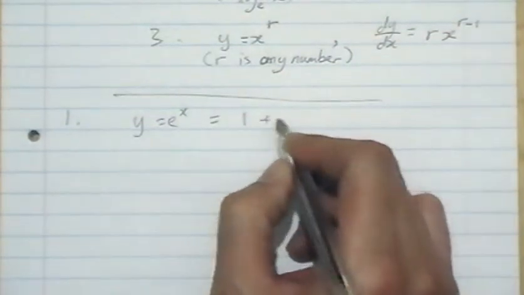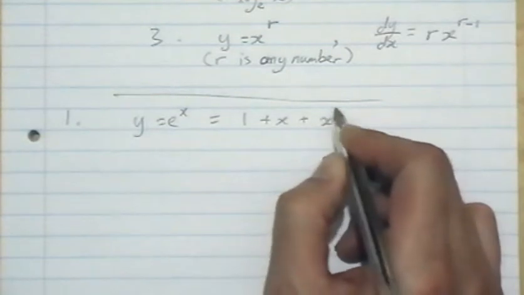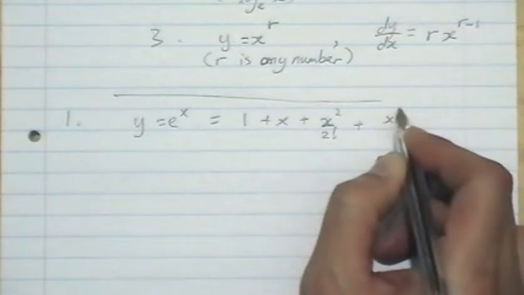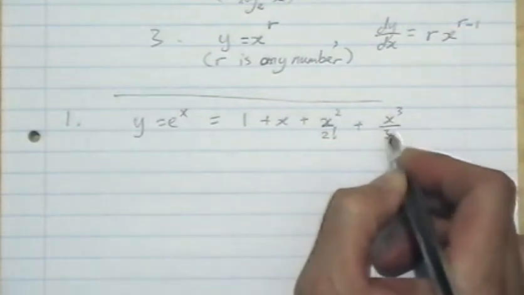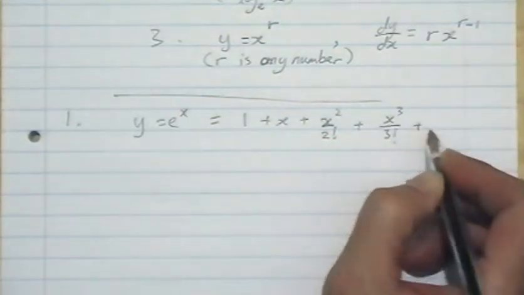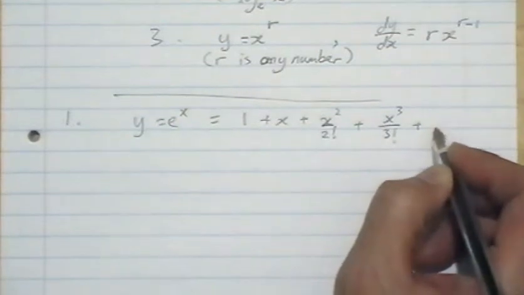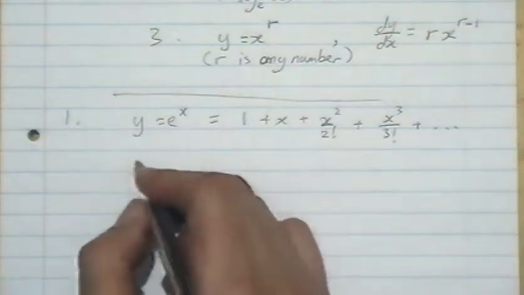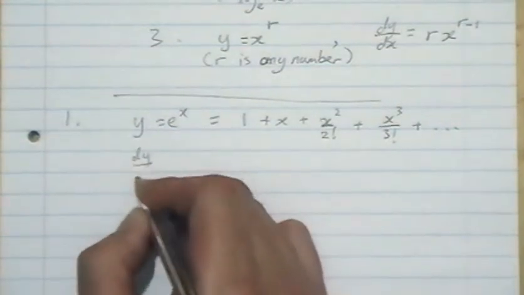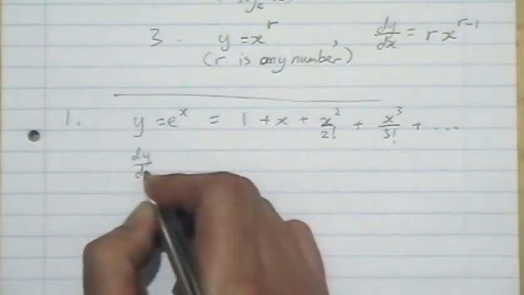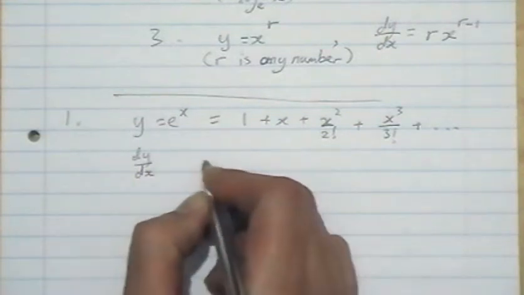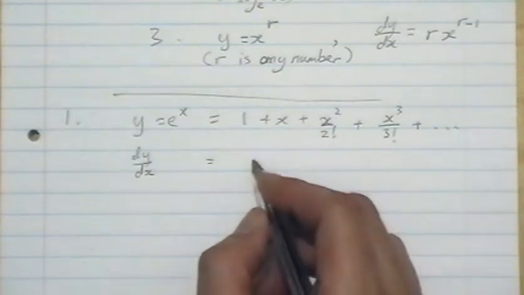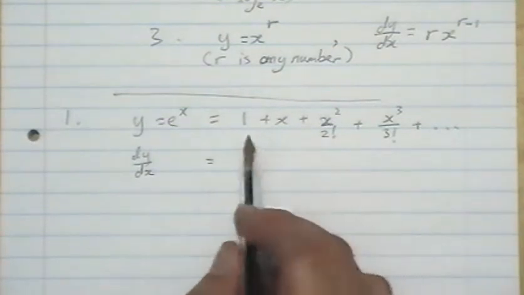That's 1 plus x plus x squared over 2 factorial plus x cubed over 3 factorial plus ... So to differentiate, I can do it term by term.